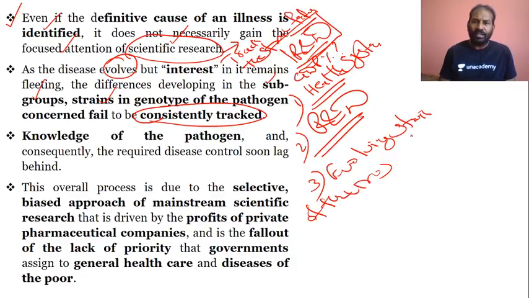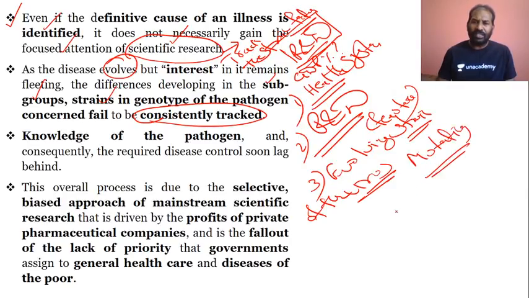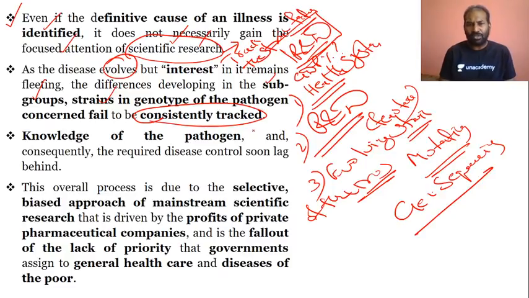Many times we have seen the SARS-CoV-2 virus is mutating, that is changing. When it is changing, the sequencing of the genome is changing, so scientific research is important so that we can consistently track. This is a very good keyword I can use.